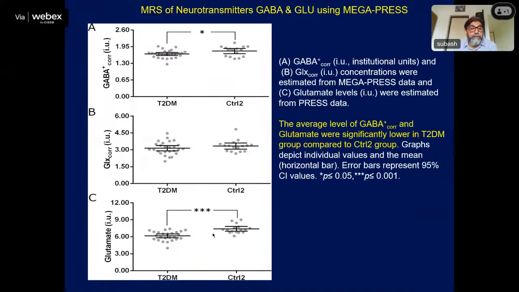Similarly, the glutamate levels are much lower in diabetic patients compared to healthy controls. So there's a slowing down, and excitatory systems are disabled or degraded in the elderly population, or in the disease case, due to aging or the disease process. In short, the average level of GABA and glutamate was significantly lower in diabetes mellitus compared to healthy controls.